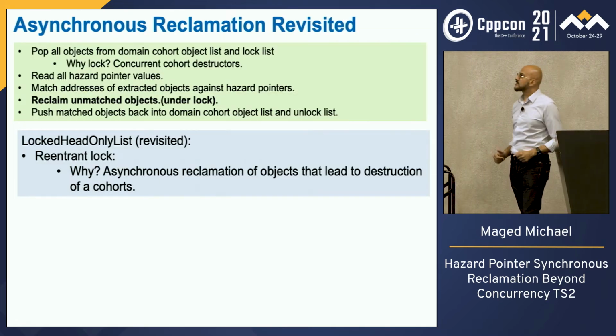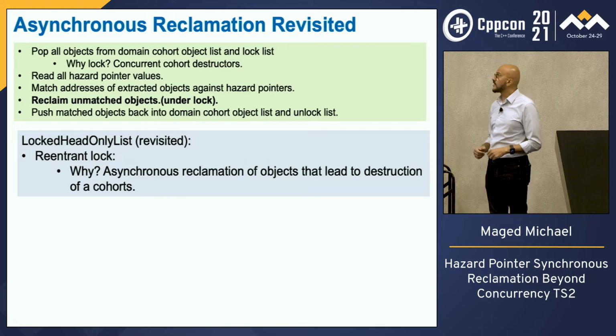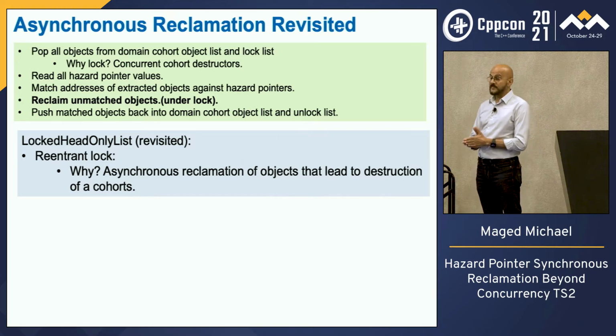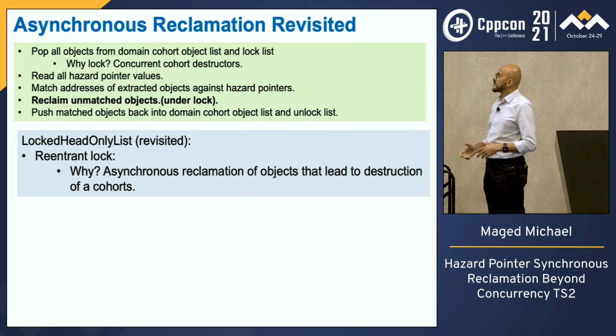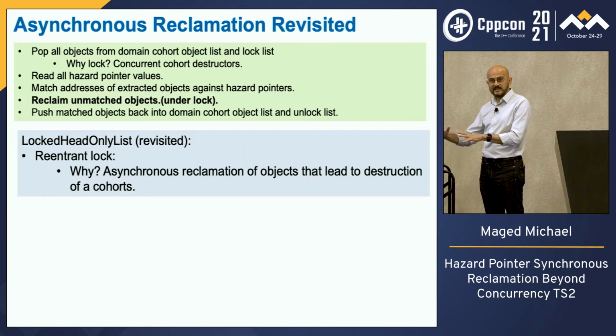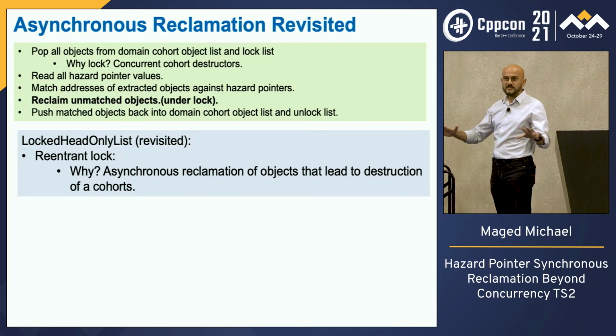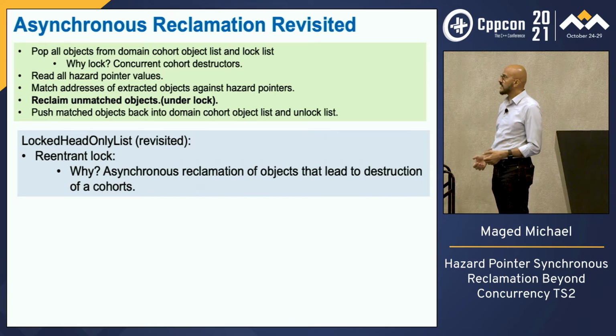Now let's revisit asynchronous reclamation, because we need to make it work with this mechanism for synchronous reclamation. Now asynchronous reclamation needs to work on cohort objects. So it pops all these objects. It locks the list, because again, there might be concurrent cohort destructors. It reads the hazard pointers, because it needs to match the addresses against hazard pointer values.